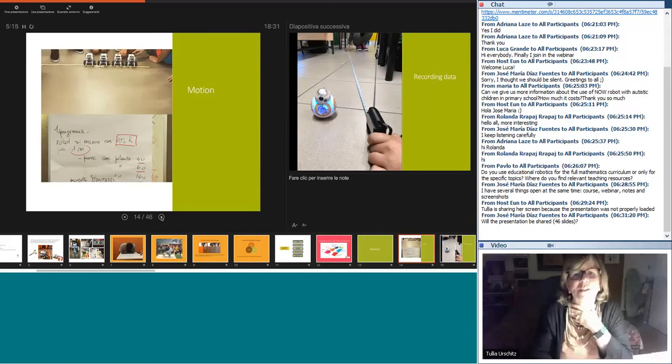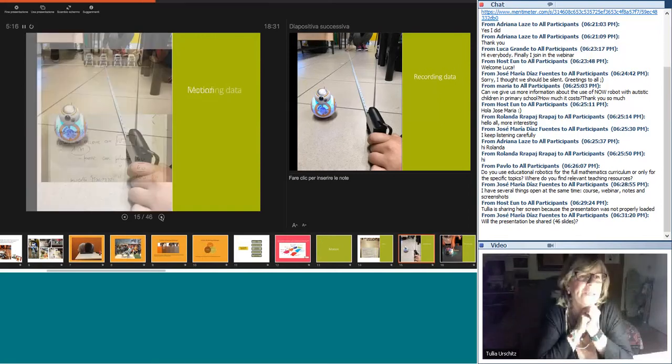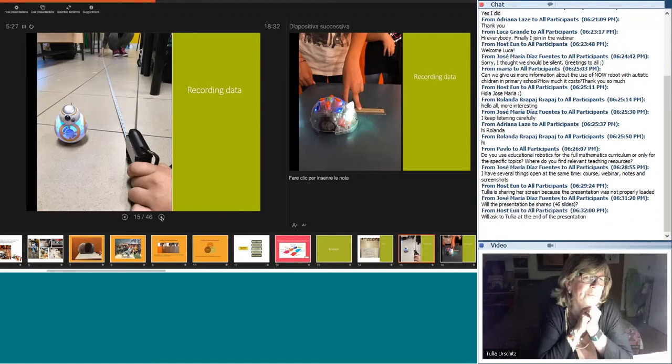Sometimes students, when working with robots, also ask to bring their own robots, and we work. So what is important is not which kit we are using, but what the task is, what we wanted to do.